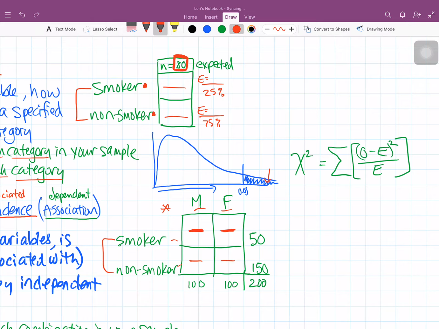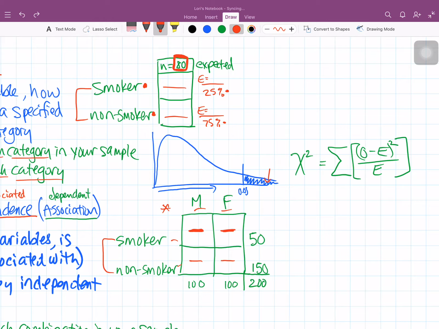But what I want to do is first have you look at the expected numbers. Let's say that we're running this statistical test and saying we expect 25% to be smokers and 75% to be non-smokers, and obviously those two need to add up to include all possible choices. So here we have our expected.